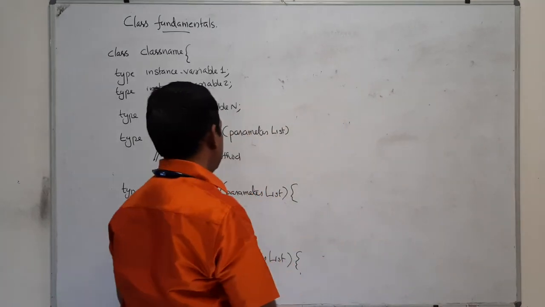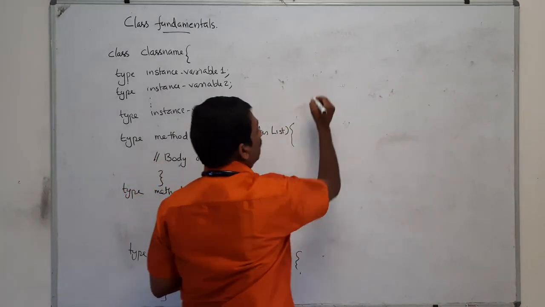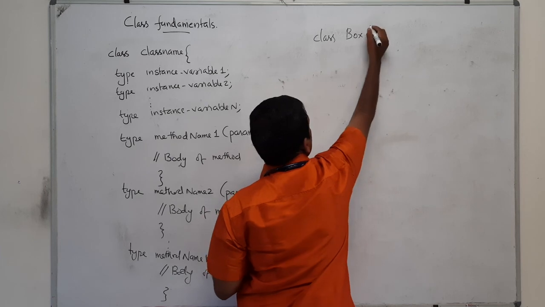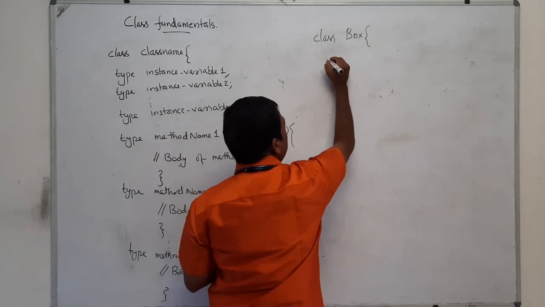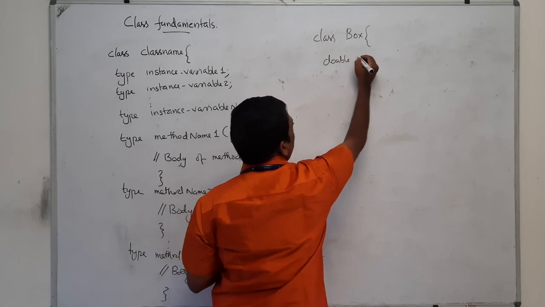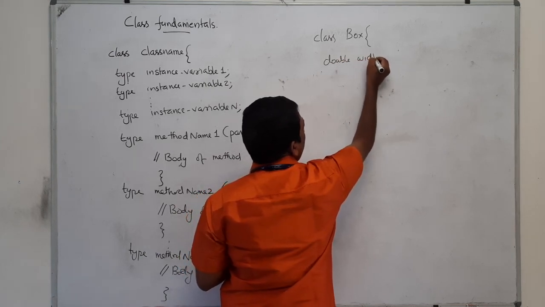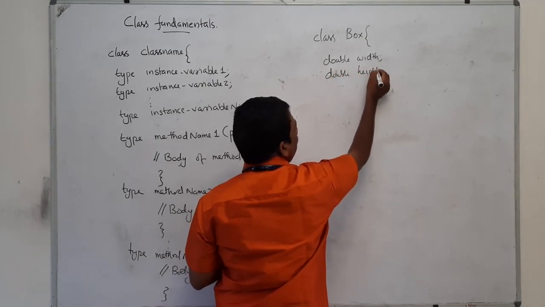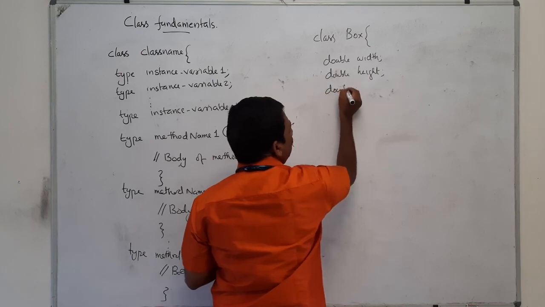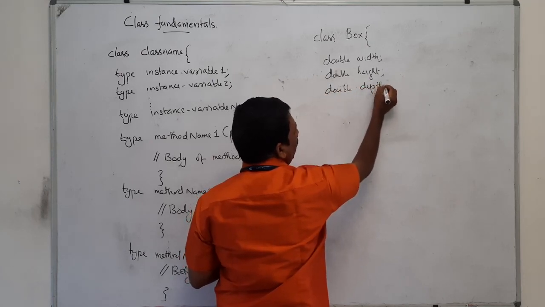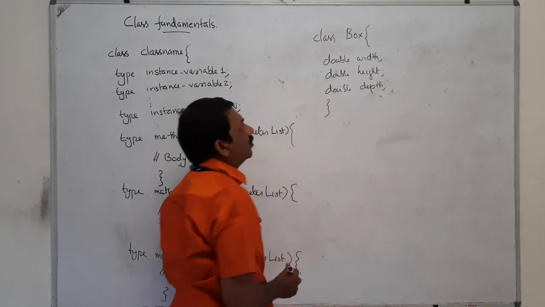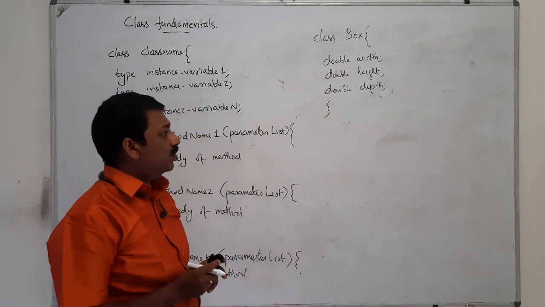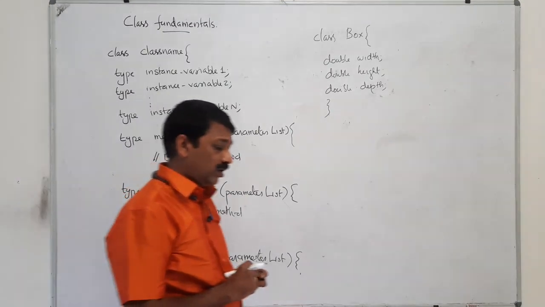Suppose that I'm going to create a class box, and this box is having a set of properties like double width, double height, and double depth. Okay, so this is a class called box, and now you're going to write a program for this.